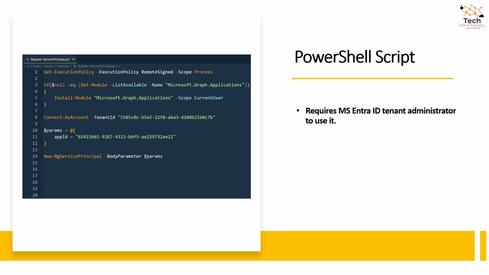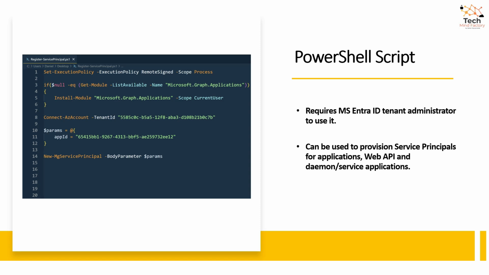This one requires a Microsoft Entra ID tenant administrator to use it. Basically, it can be used to provision service principals for applications, web APIs, daemons, and service applications, whatever it is. This script can be used to create a service principal in a Microsoft Entra ID tenant.